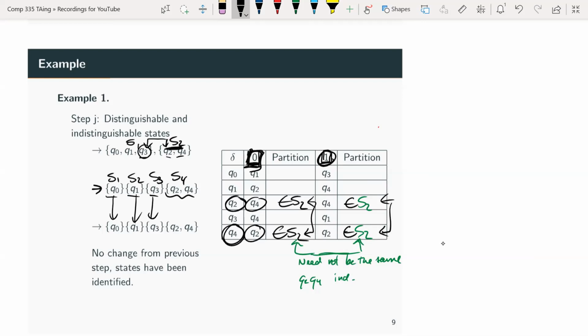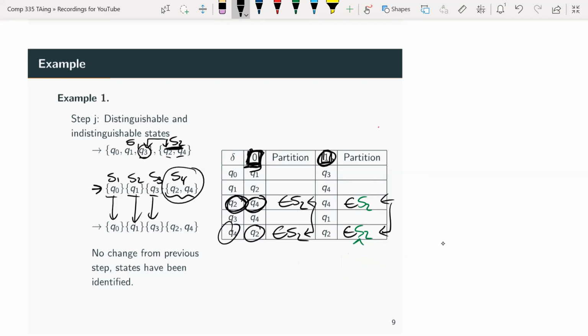The only one that I need to check is S4. Maybe Q2 and Q4 are going to split, maybe they're going to stay together. So that's the only thing I need to check. In fact, let me just erase this. What's going to happen is when you see Q2 and you see a 0, you're going to go to Q4.